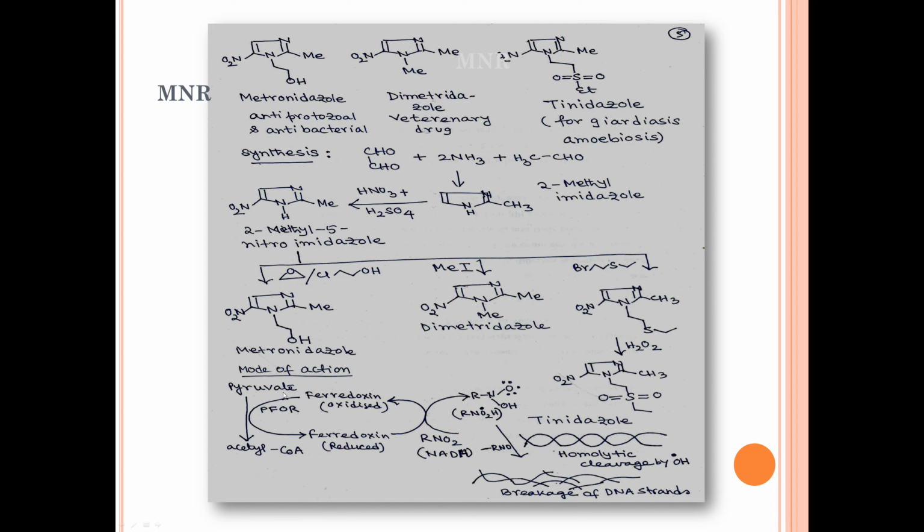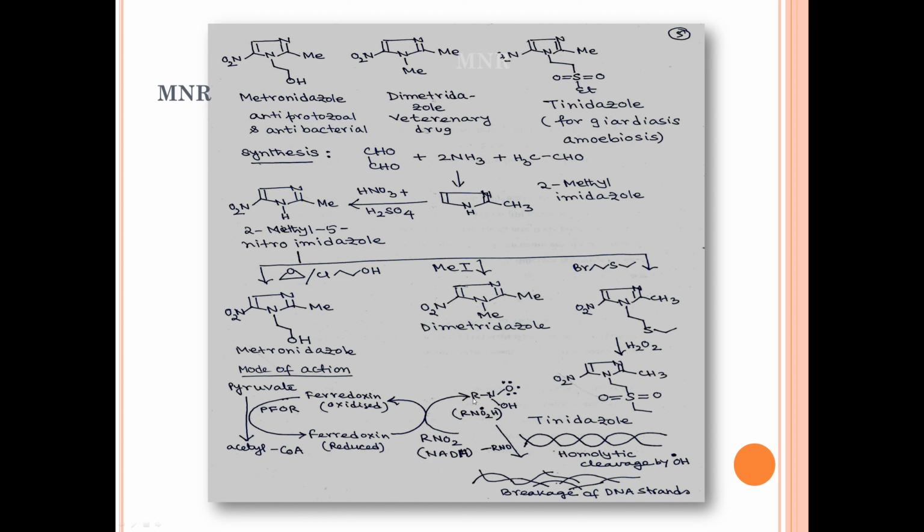First is the pyruvate to acetyl coenzyme A conversion. In that conversion, its partner is the ferredoxin oxidized form, which gets reduced to the ferredoxin reduced form. Now it enters another cycle where the ferredoxin reduced form is again oxidized to the ferredoxin oxidized form, and RNO2, our drug molecule, by using NADH, gets converted to a free radical.